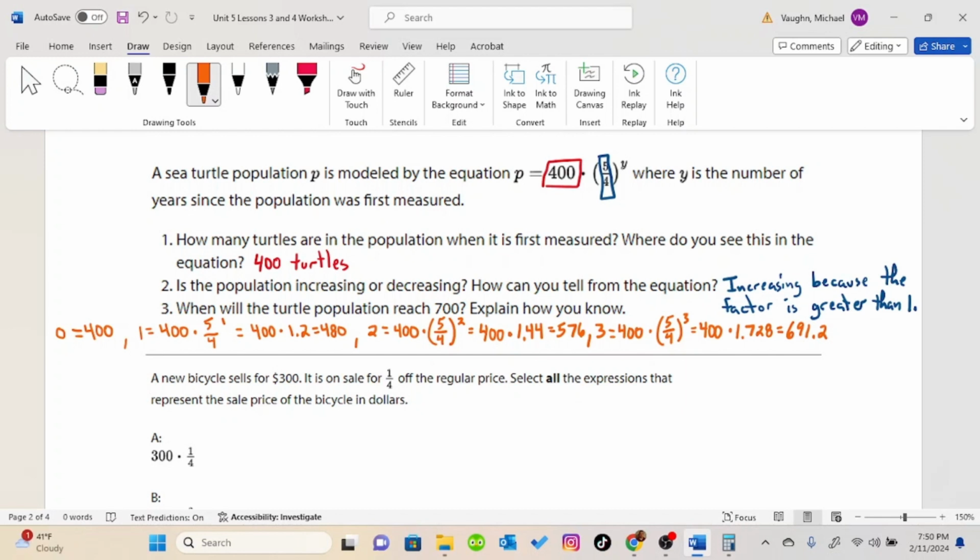After 3 years, it had not yet reached it, but it would reach it in 4 years. So 4 years would be the answer.